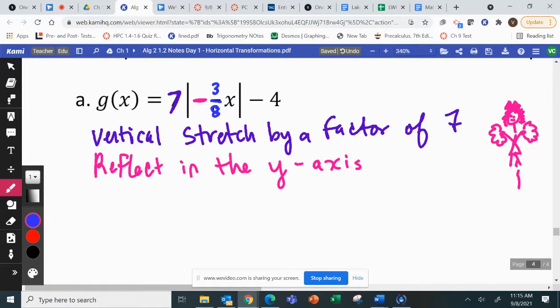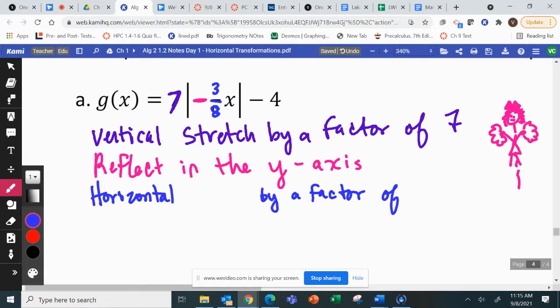Yeah. Okay. 3/8. That is on the inside. So we're going to start by saying that's horizontal something. The way I do it is I figure out what I'm multiplying by first.